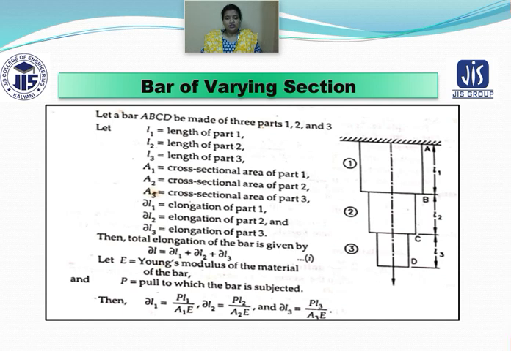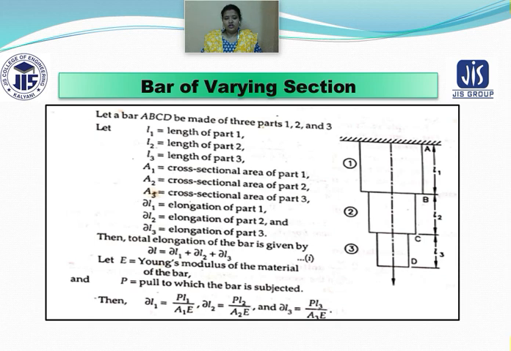You can see three different composite bars, number 1, number 2 and number 3, attached together. Here one thing is interesting: the material selected for this entire bar is the same.